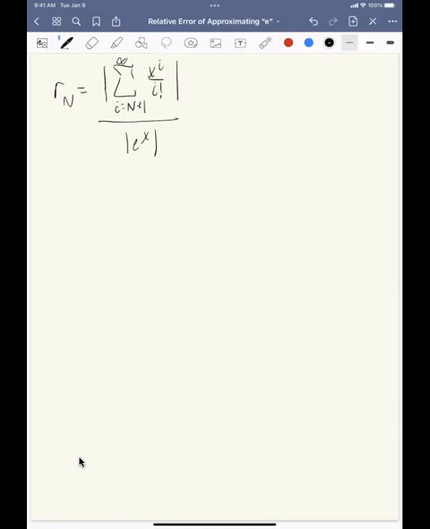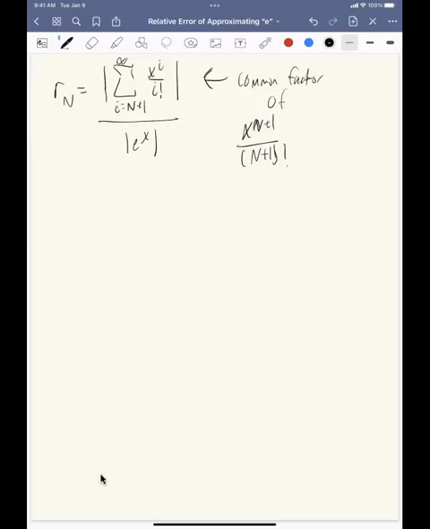Now, there's one thing we can note about this term in the numerator. We can actually pull out a common factor of x to the n plus 1 over n plus 1 factorial.